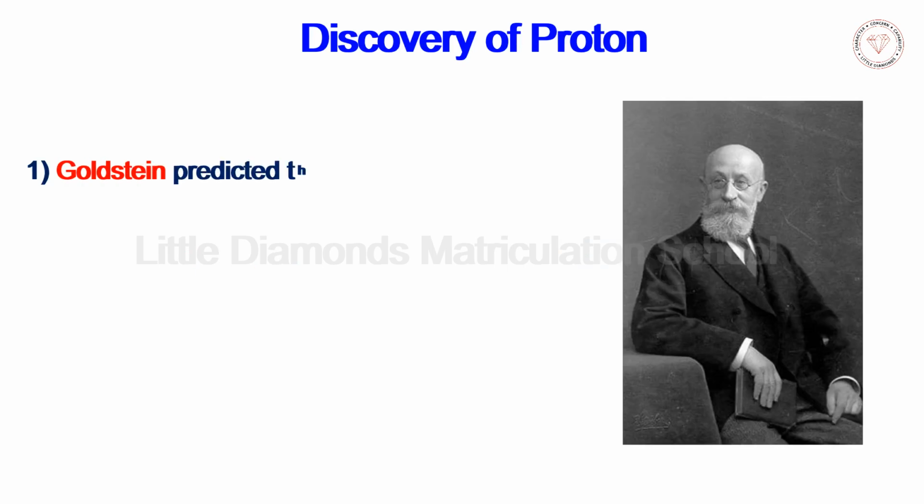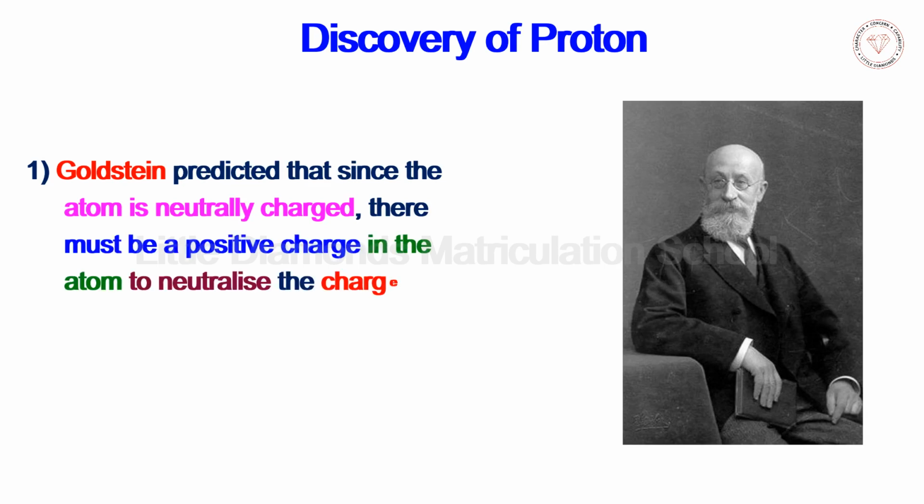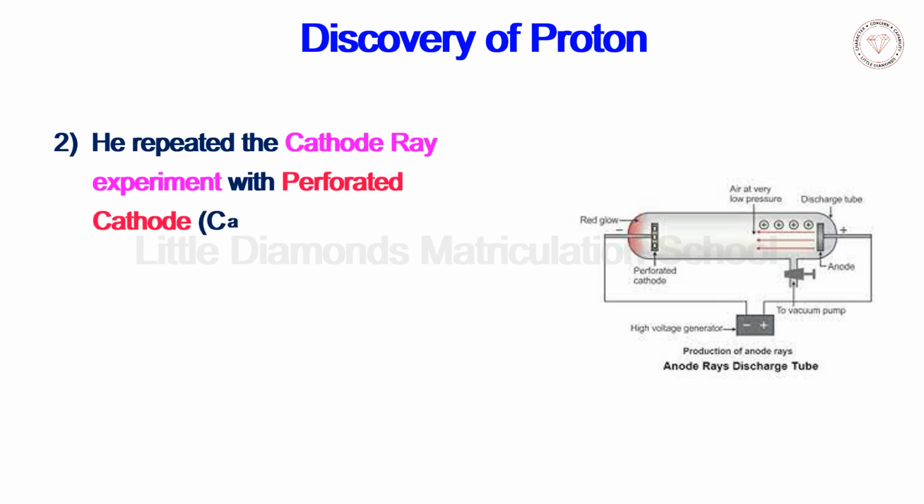Discovery of proton. The German physicist Goldstein predicted that since the atom is neutrally charged, there must be a positive charge in the atom to neutralize the charge of the electron in them. He repeated the cathode ray experiment with perforated cathode, that is, cathode with holes.